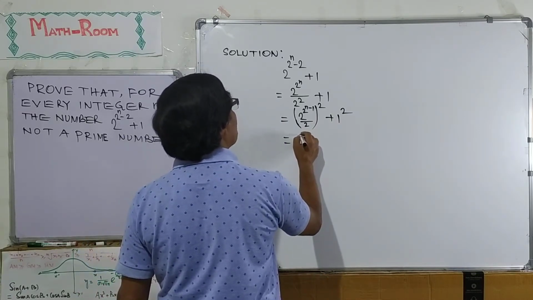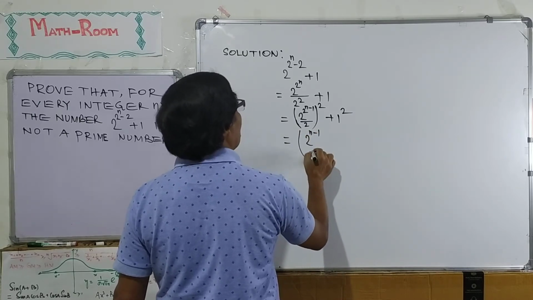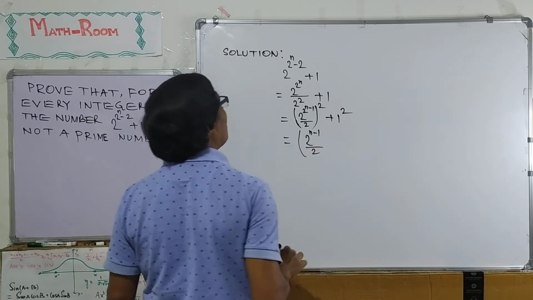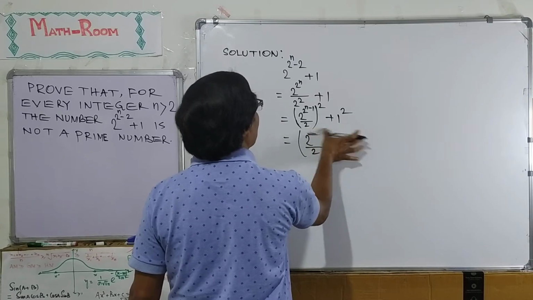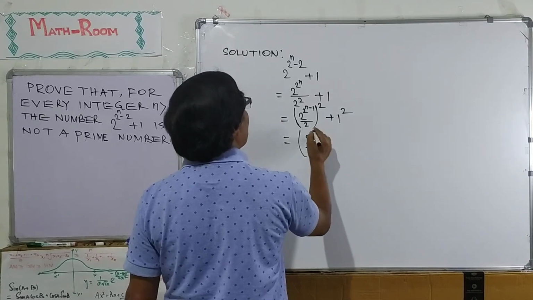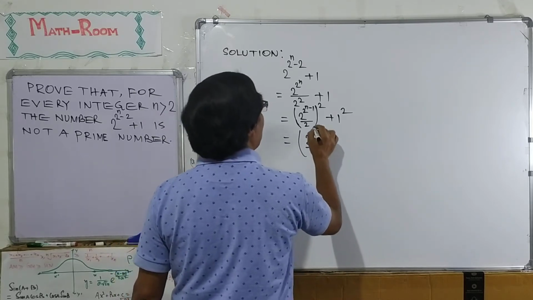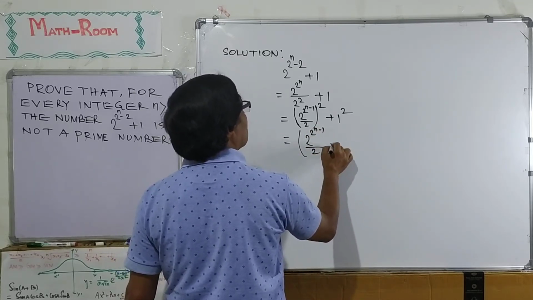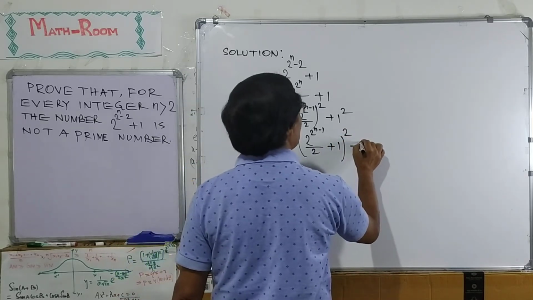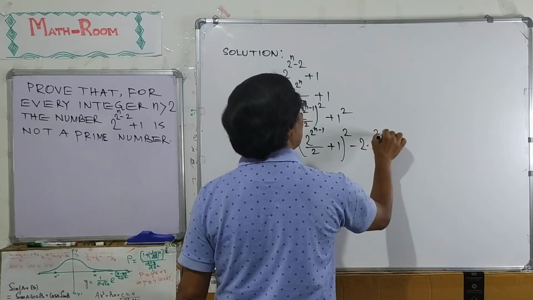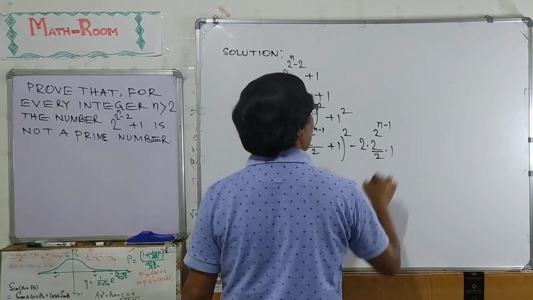That is, 2 to the power n minus 1 over 2 plus 1 whole square minus 2 into 2 to the power n minus 1 over 2 into 1.